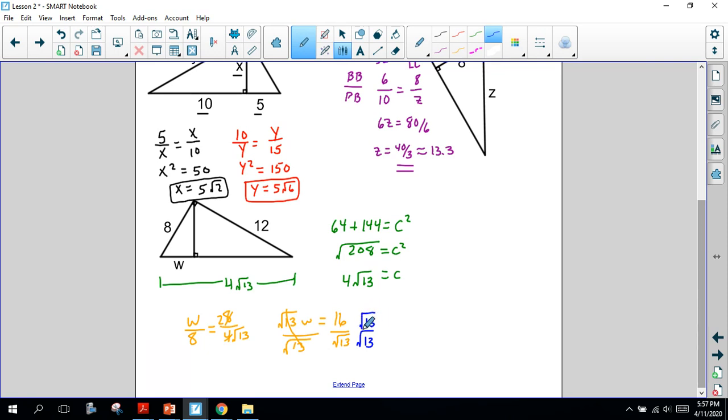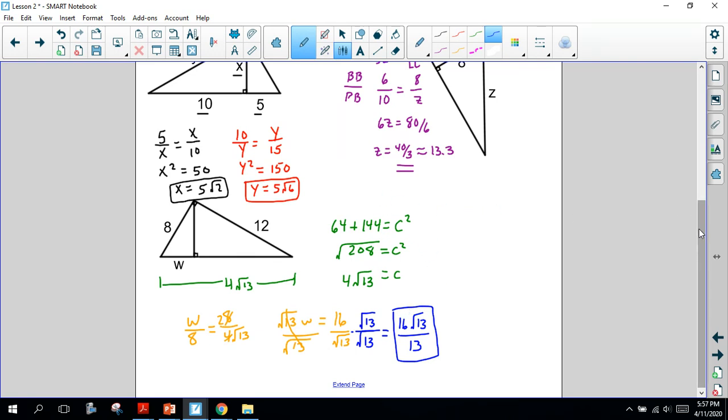That's just multiplying times 1 because anything over itself is 1. So here I'm left with on top 16 radical 13 over, and then radical 13 times radical 13 is radical 169, or simply just 13. So the length of W in simplest radical form is 16 radical 13 over 13.